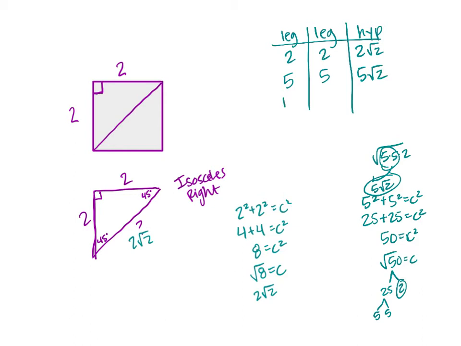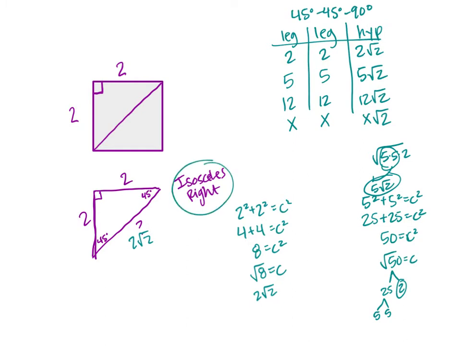And you should have noticed a pattern as you did this. So that pattern would be whatever my short leg is, it's the same for both. And then the hypotenuse is that number times the square root of 2. And that's going to be the same for all 45-45-90 triangles, or isosceles right triangles. I'll call them 45, 45, 90 most frequently.